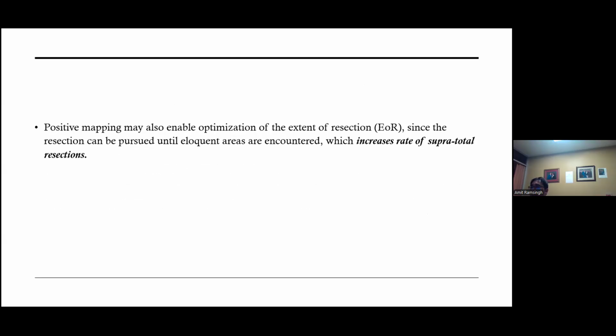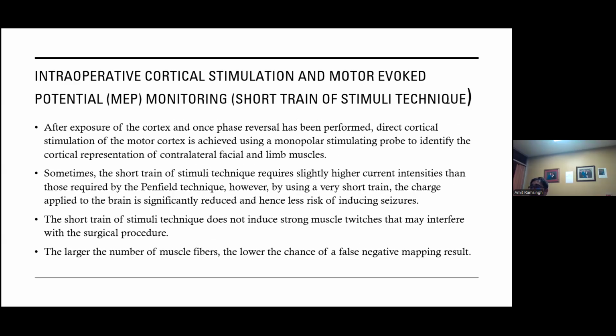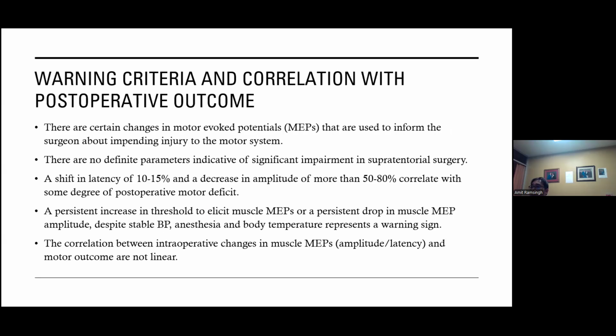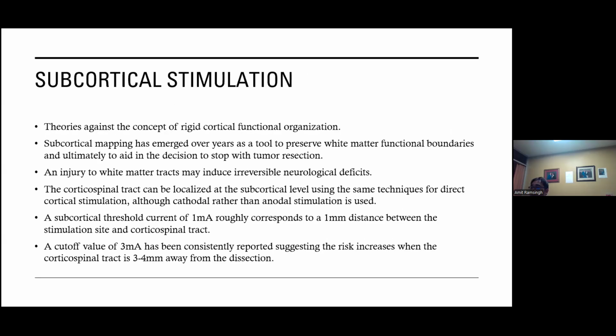So we spoke about the principles of cortical mapping, and we just move on to briefly touch on subcortical mapping or stimulation. The introduction of more modern techniques often argues against the concept of a rigid or fixed cortical functional organization.